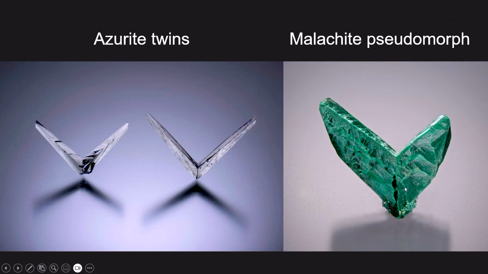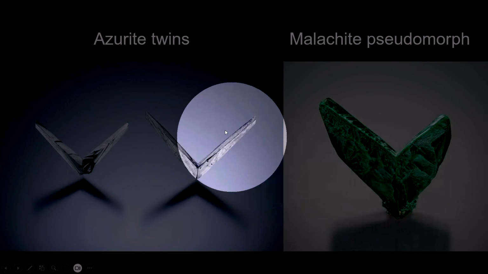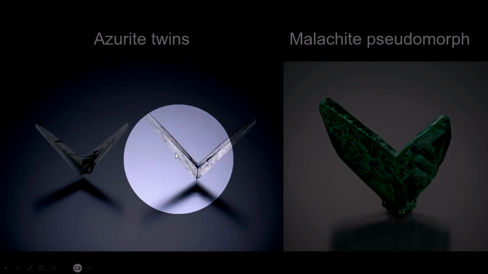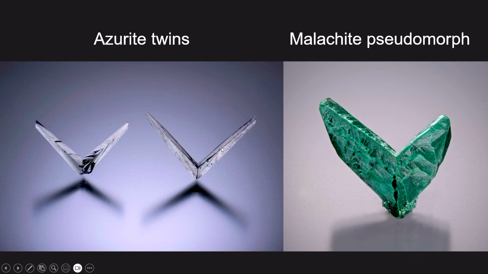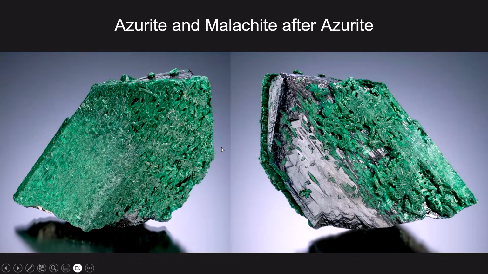Now, of course, it wasn't the malachite that twinned, it was the azurite that originally formed in a twin and was then pseudomorphed. Here's another fascinating specimen where you have a lustrous and blade-like crystal of azurite that has been partially encased by coarse bundles of malachite needles.